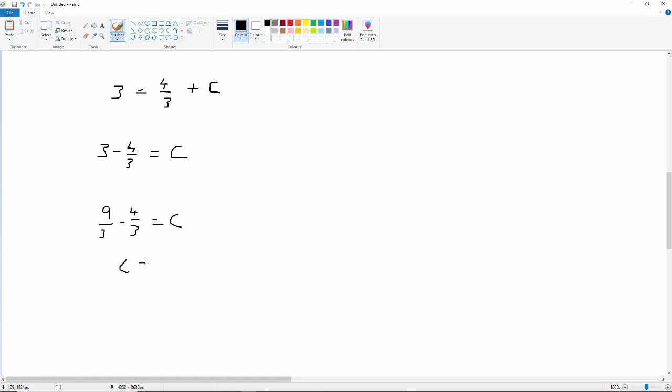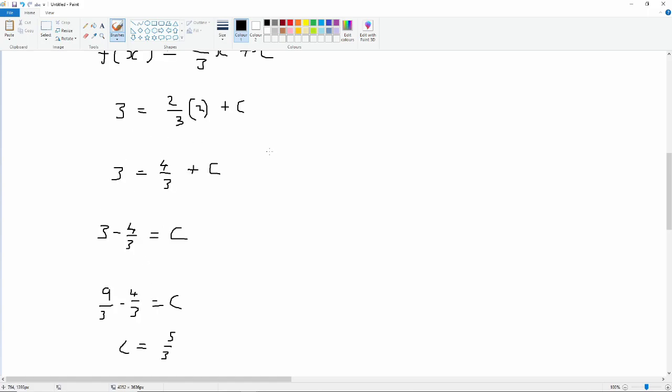So c is equal to 9 minus 4 all divided by 3, which is 5 over 3. Okay, so we can define f of x as equal to the slope, which is 2 over 3 times x plus our intercept, which is 5 over 3.